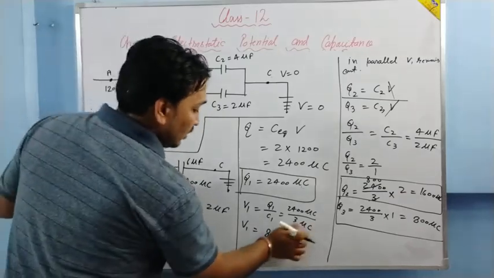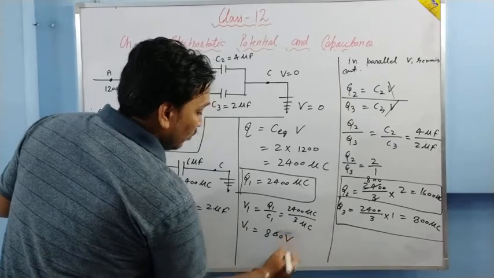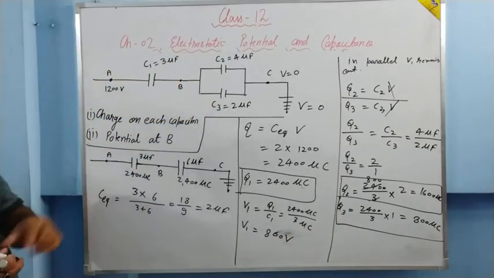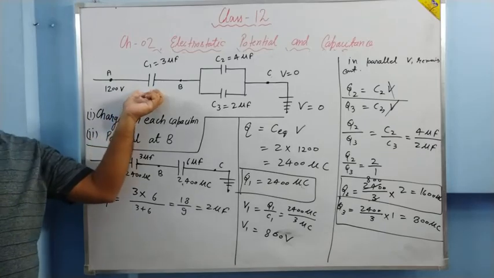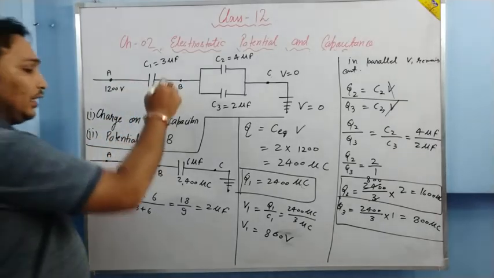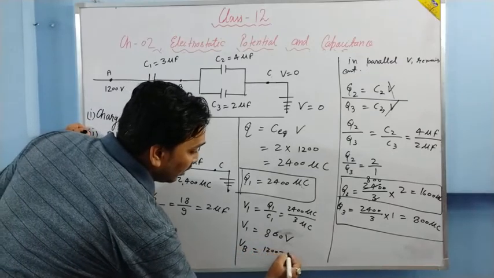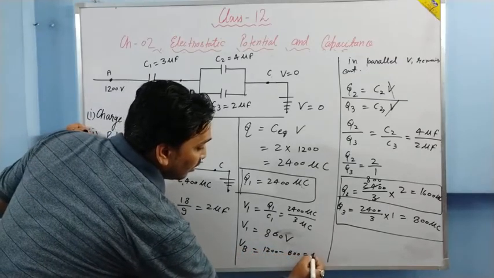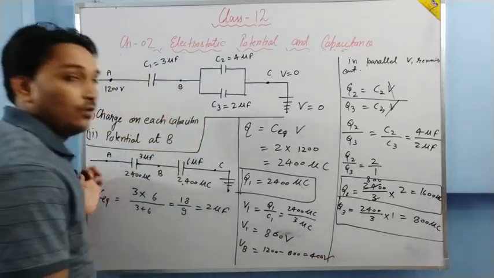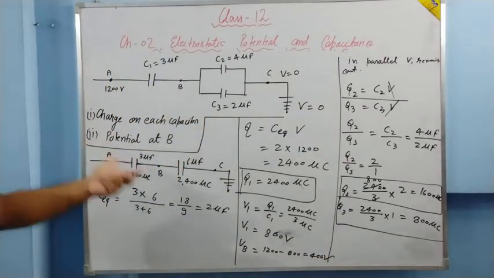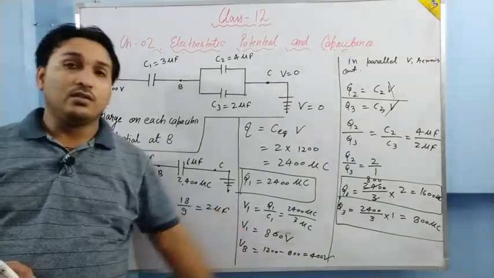Total voltage supplied was 1200 voltage. 800 voltage this capacitor takes. How much is left? So obviously at VB it will be 1200 minus 800. The answer is 400 voltage. Okay. So the answer of the second part is 400 voltage.